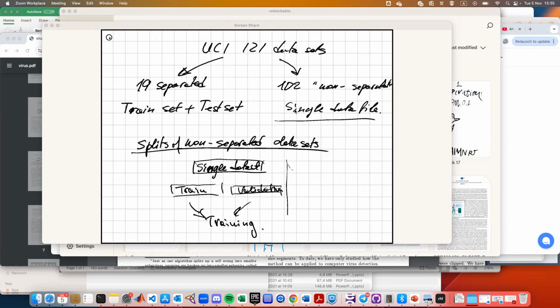So just to summarize, for testing, the entire data set is used in 4-fold cross-validation.